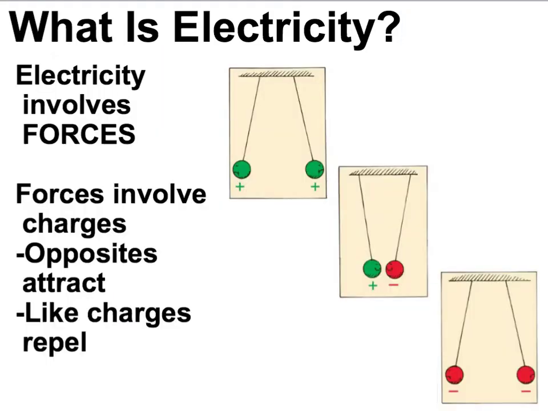Another key part of understanding electricity is to understand how electric charges can generate forces. And these forces can be predicted by 2 basic rules. One of those rules is that opposites attract, and the other rule is that like charges repel.